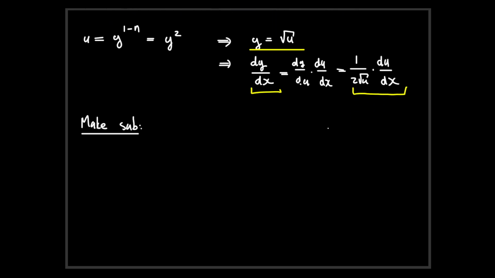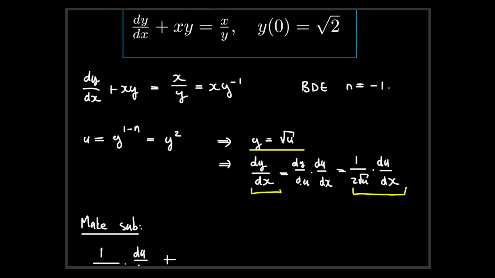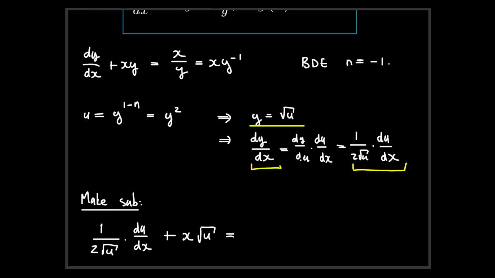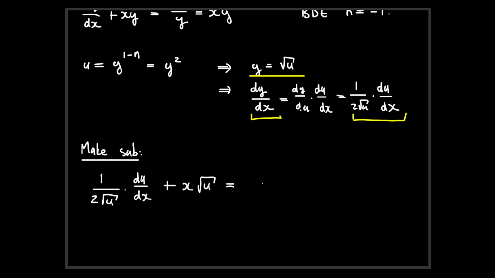So dy dx, we get 1 over 2 square root u times du dx plus x y, so plus x times square root u, is equal to x over y, so x over square root u.